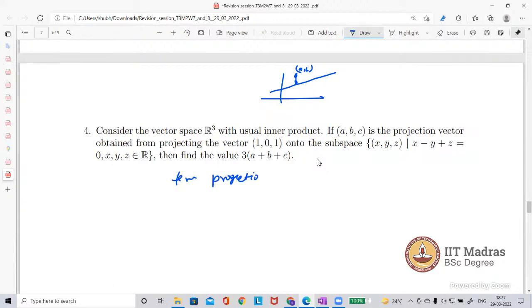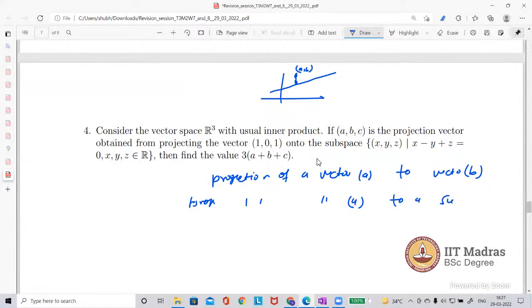Projection of a vector, let's say A, on a vector B. Projection of a vector A to a subspace, let's say W. Vector word came, that means there will be a vector space, and vector and subspace word came, that means W will be a subspace of that V, and A will be a vector of V.